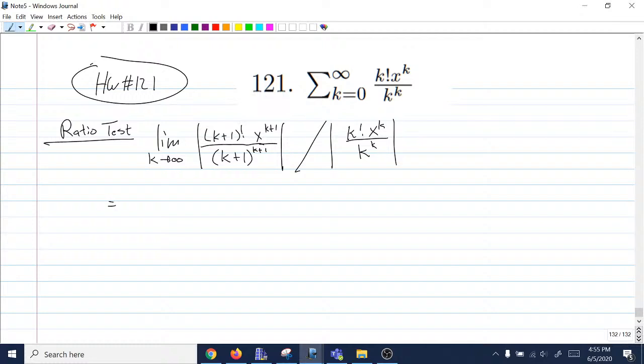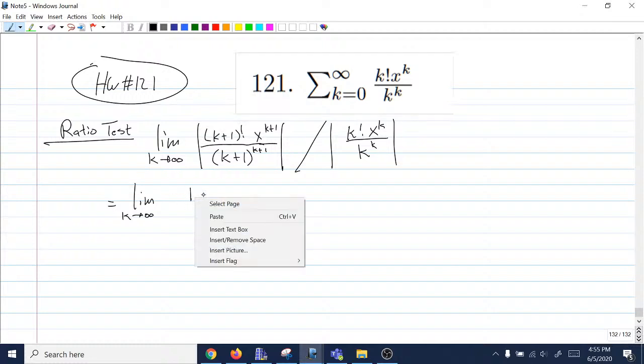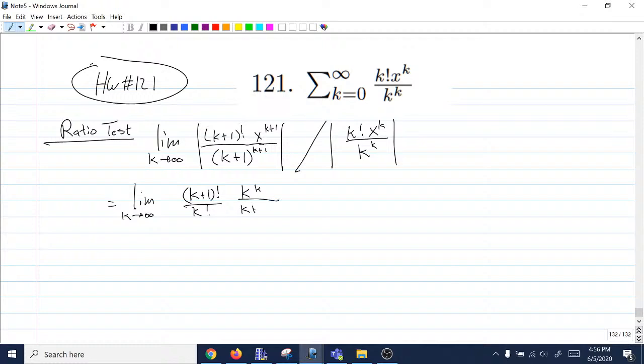Okay, what is this? This is the limit as k goes to infinity of k plus 1 factorial over k factorial, those are positive, I don't need the absolute values on them, times k to the k over k plus 1 to the k plus 1, times x to the k plus 1 over x to the k.